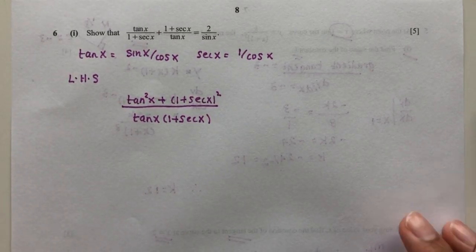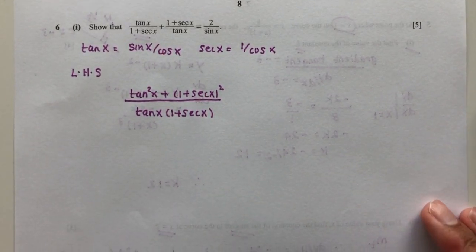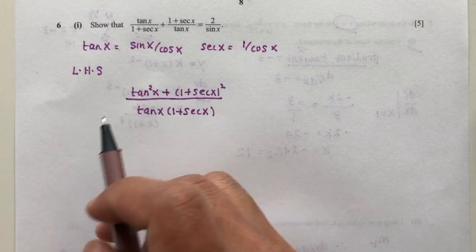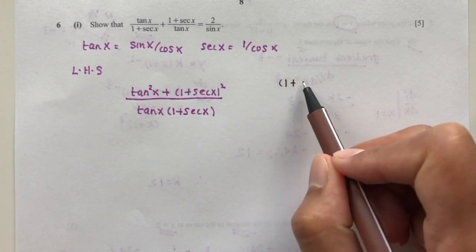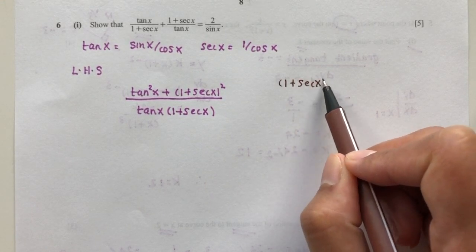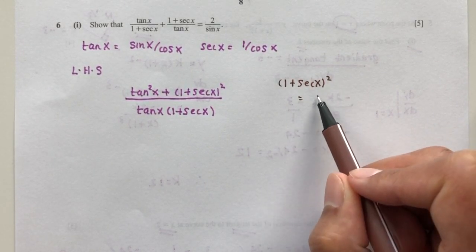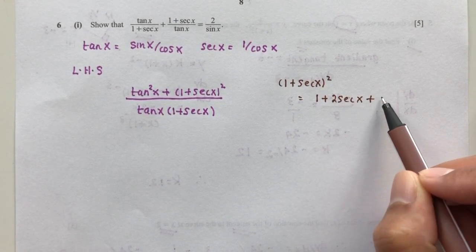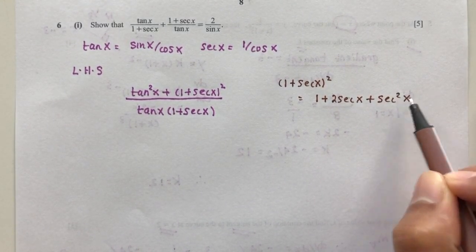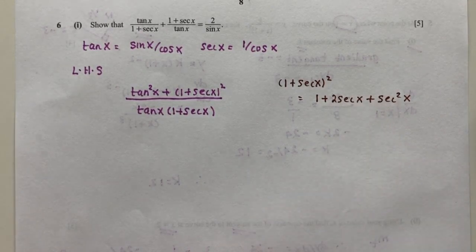So now let's take the terms one by one and simplify to see what we get. For the top, let's simplify this here: (1 plus sec x) squared is equal to 1 plus 2 sec x plus sec squared x. That's the expansion.